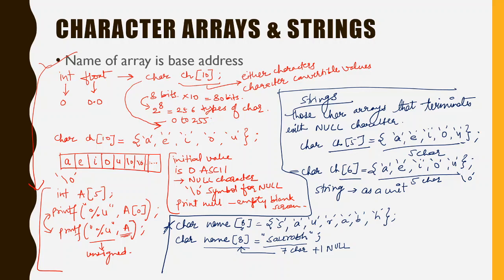Like an integer array, it can also be declared without giving the size, but only in the case of initialization. You can write this also. If I ask what will be the size of this particular name, it would be 8, not 7, because the string has 7 valid characters, but there would definitely be a null character at the end, because it already has double quotes, which means it is a string.